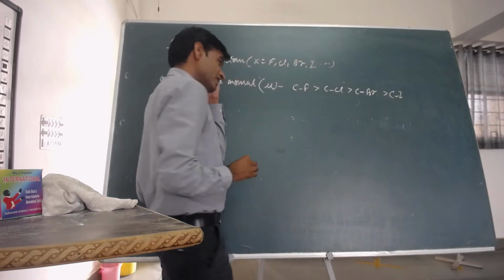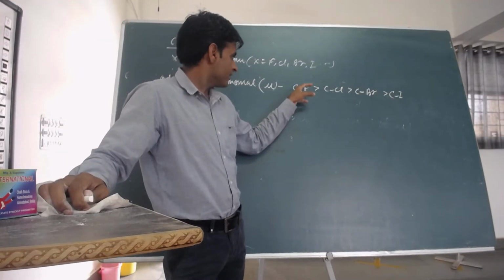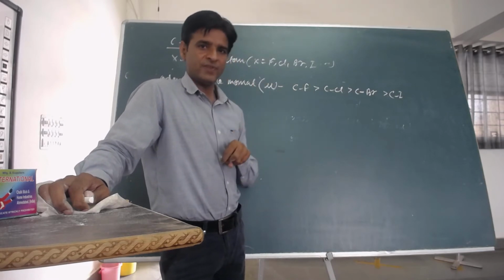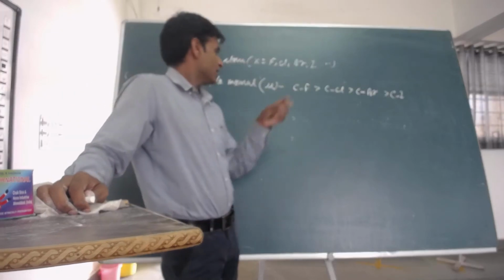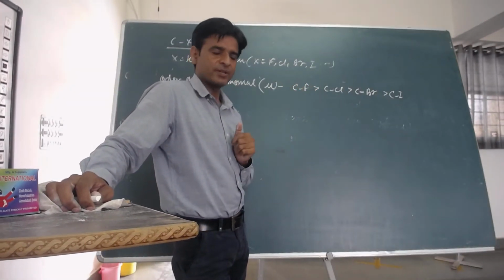But generally, due to the smallest size of the fluorine atom and the carbon atom, there is a much more effective inter-electronic repulsion between the electron density of the atomic orbitals of fluorine and the atomic orbitals of carbon.